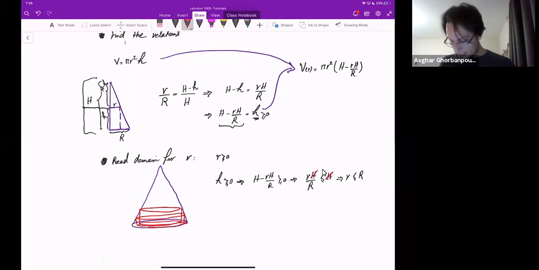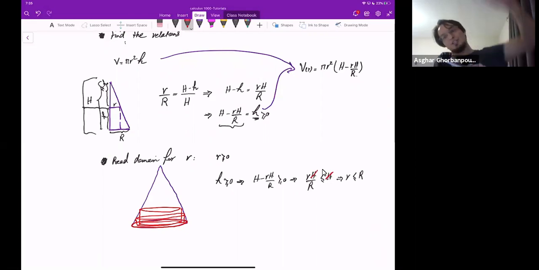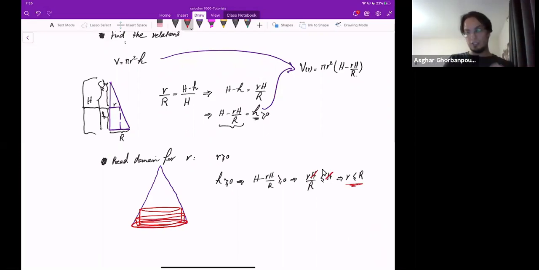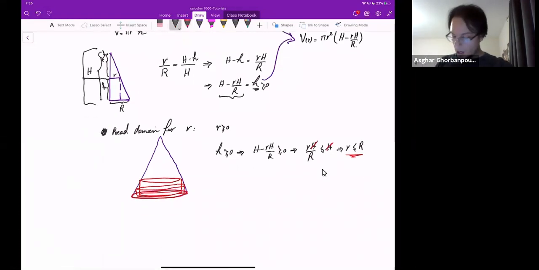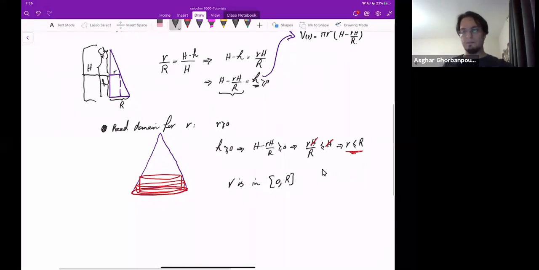Well, in that case, there will be no height, but I can assume that it is basically a cylinder with height 0. That's another way of seeing that r, the radius of the cylinder, cannot go beyond the radius of the cone. So here we found that r is in the interval closed from 0 to capital R.